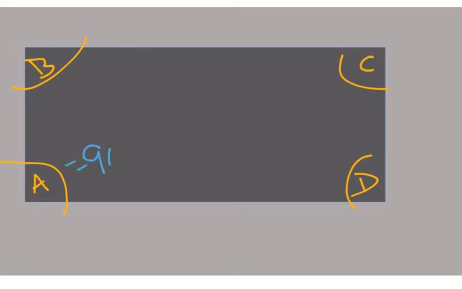Here is just a picture of a rectangle. First of all, let's talk about a rectangle. We have four angles here, A, B, C, and D. Because this is a rectangle, all of these equal 90 degrees.